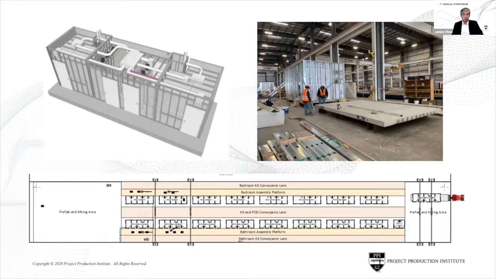Will, do you want to describe a little bit what we're looking at here? Sure. What you see in the top left is a 3D model rendering of a pod product that we're fabricating or looking to fabricate for an upcoming project. It has a concrete floor and then metal studs with drywall, insulation, and painting. We have bathrooms and bedrooms as part of it. The right side is the area within our factory where we're going to produce it.